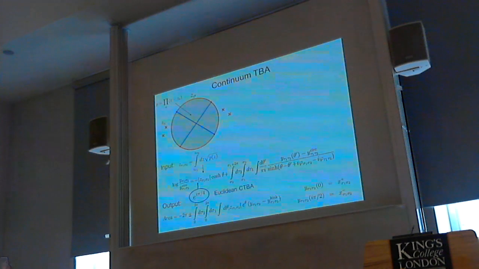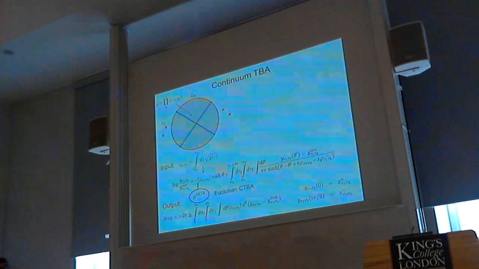I want to note that this whole derivation has been manifestly Minkowskian, because I'm talking about null polygons, but there's actually a very simple adjustment of these equations such that they're valid for Euclidean AdS. Basically, all you need to do to adapt the equations to Euclidean AdS is to insert the phase factor in front of the source and to change the area.